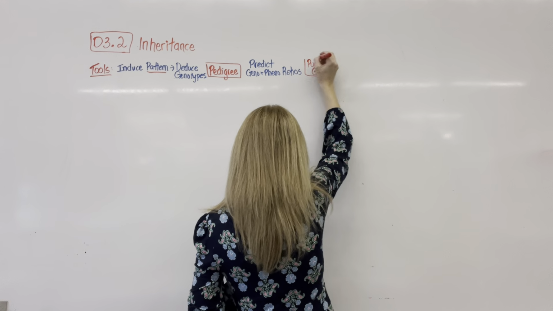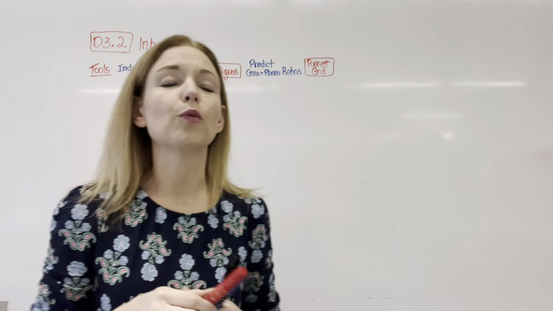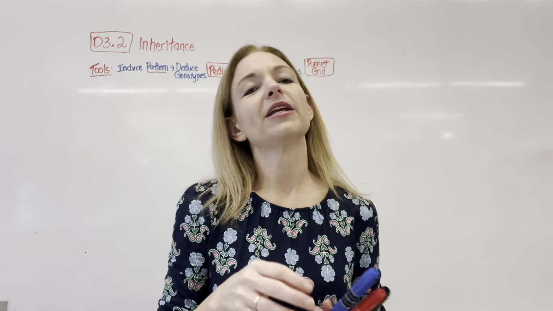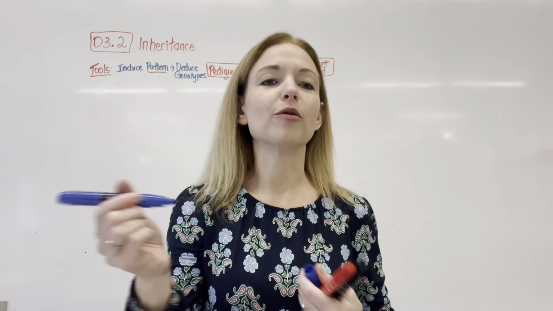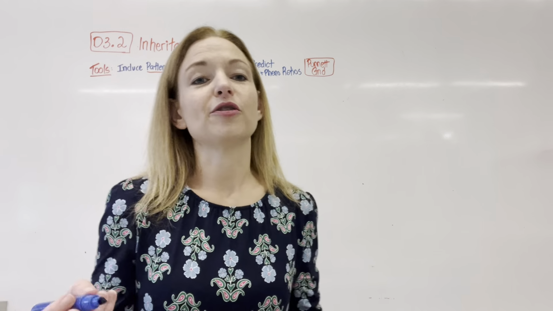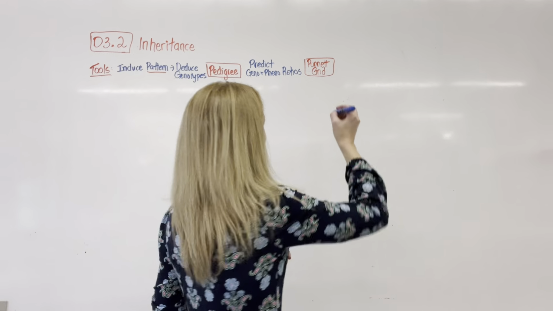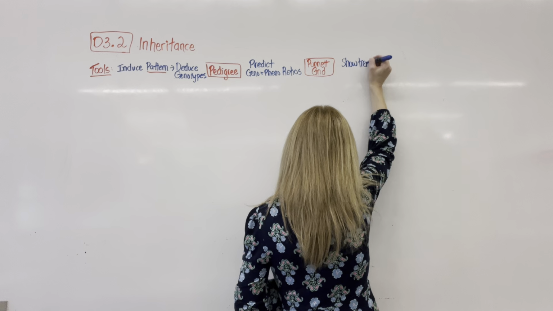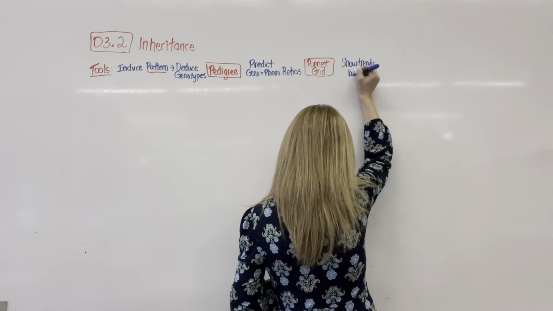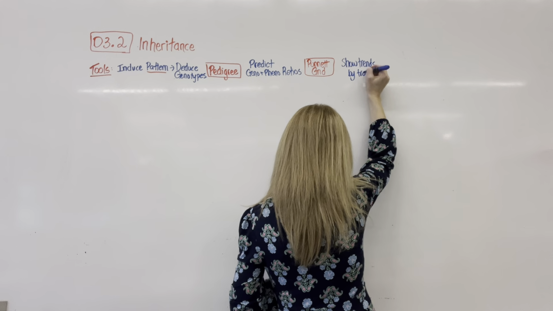And then the last one, again, that doesn't really fit super well, is if we wanted to actually look at trends. So if we want to show what kind of trends are going on with different traits, then we might use a box and whisker plot. So if we wanted to show trends by trait, what's the trend for this group versus this group, then we might use a box and whisker plot.